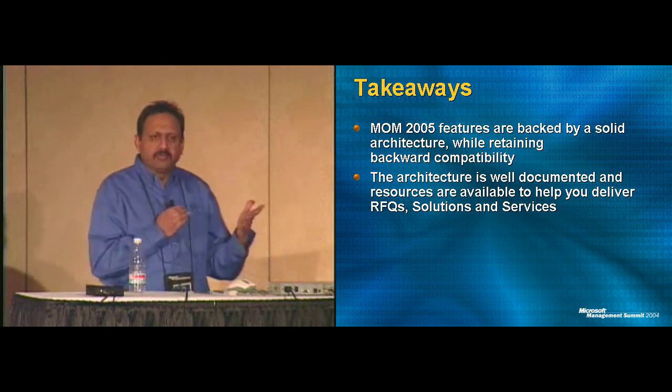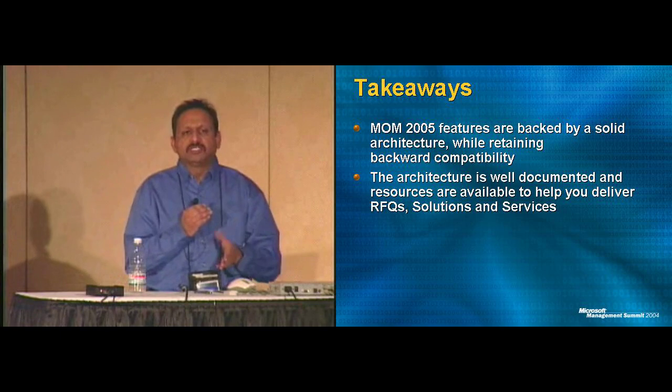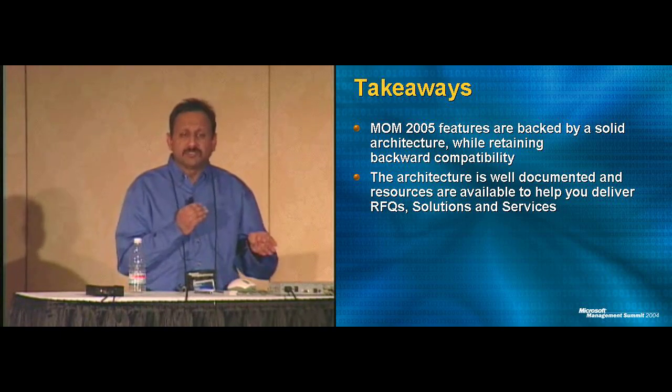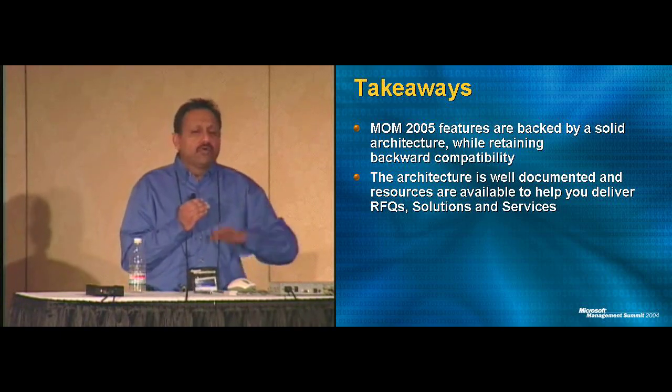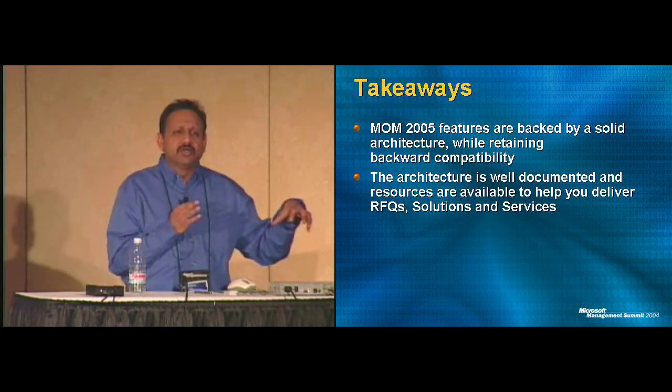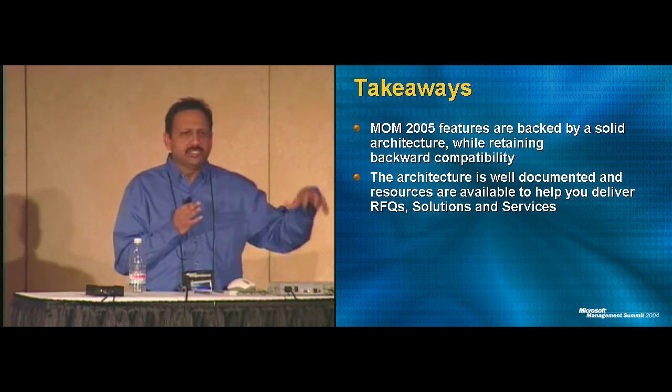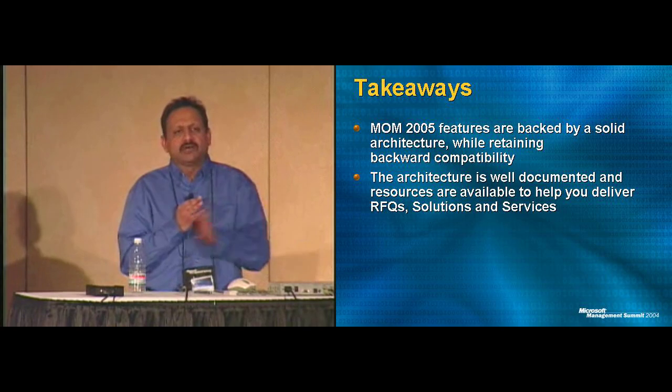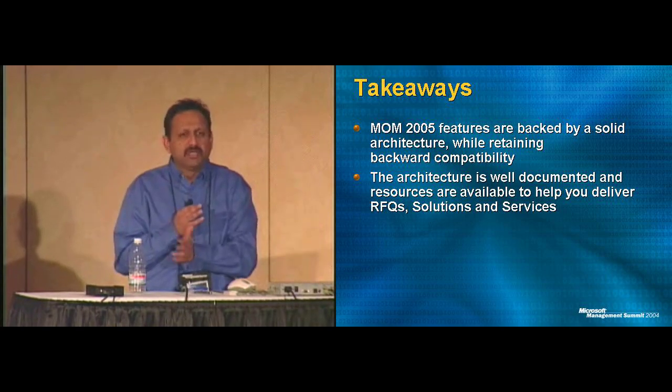The other area where people want multiple management groups is when the IT departments themselves want isolation between each other. So let's say the security group wants to control their own rules and look at their own data, while the availability and performance group wants their own.